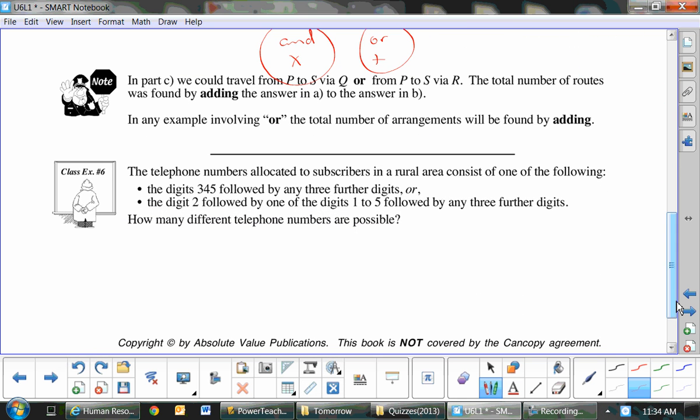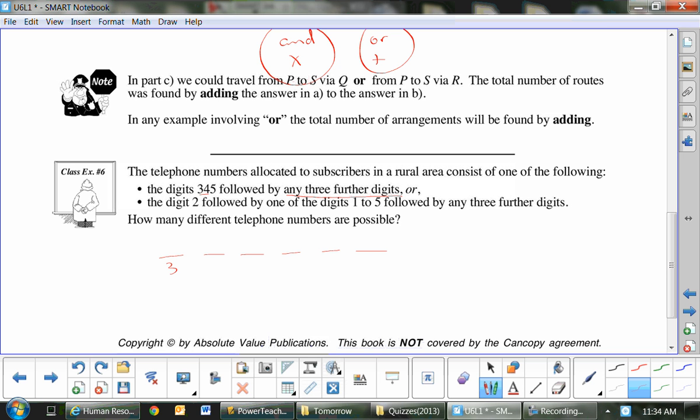Now, this here, let's do these quick. You can have phone numbers that start with the digits 3, 4, 5, followed by any 3 digits. So how many digits is that phone number? 6 digits. What's the first digit? 3.